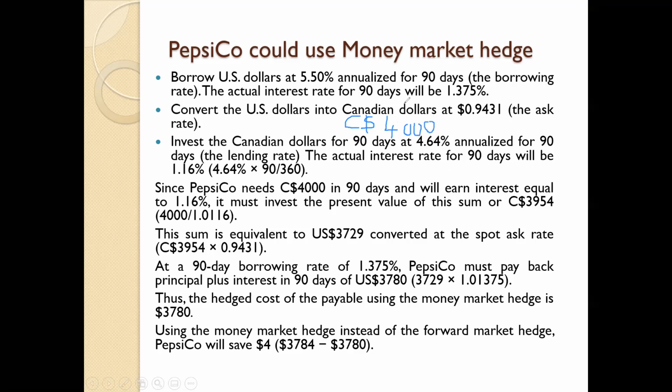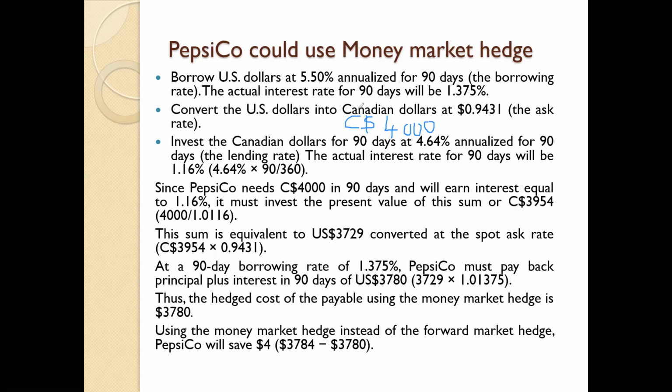If you want to pay 4,000 Canadian dollars at the end of the 3 months, what this trader can do is borrow something from his bank in US dollars and then convert it into Canadian dollars. Then the Canadian dollars can be invested into the Canadian investment opportunity. When the investment gets matured, he can take that investment money and set off his Canadian dollar 4,000 transaction.